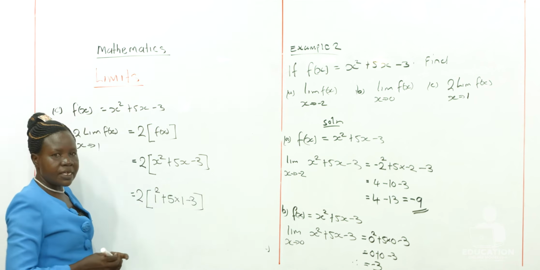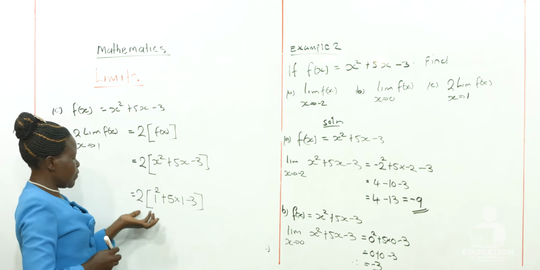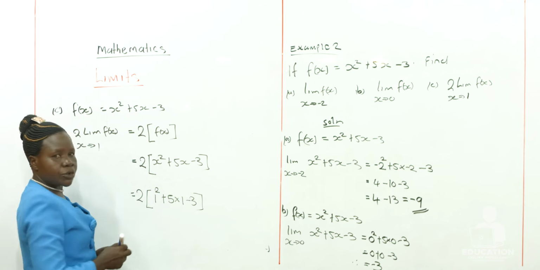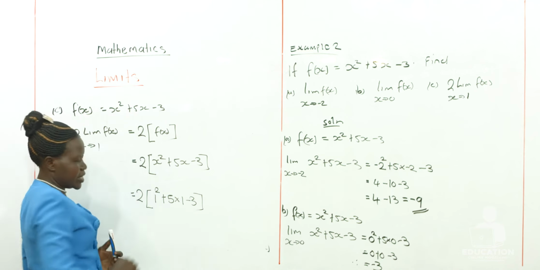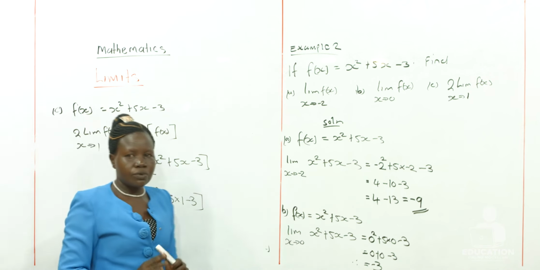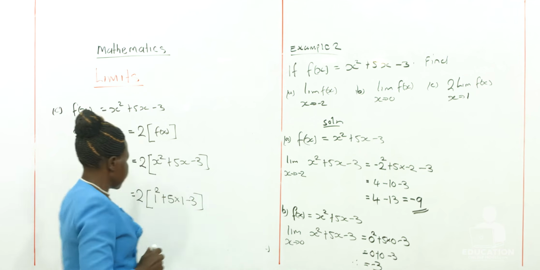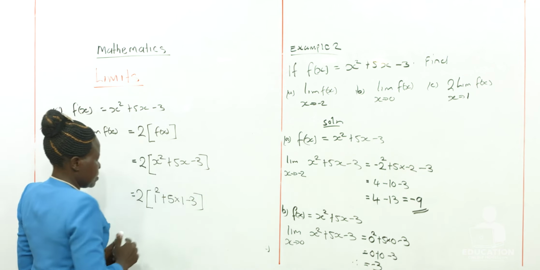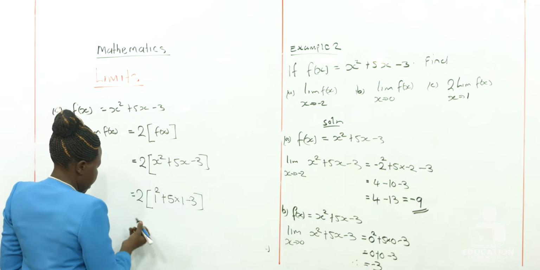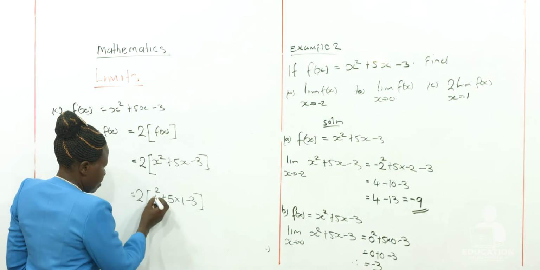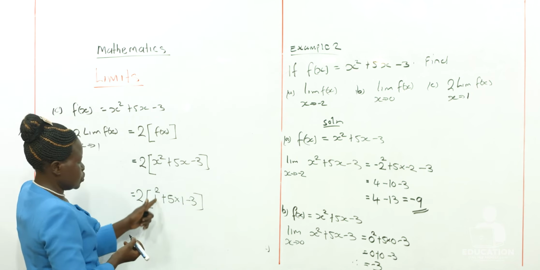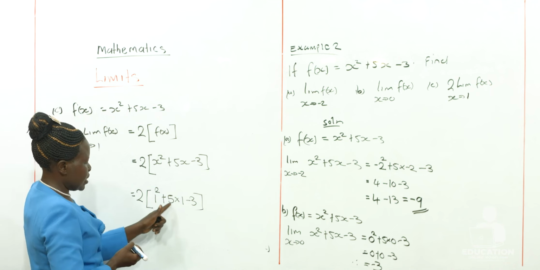So dear learners, in this case, before you open the bracket, make sure that what is inside the bracket is simplified. You have solved the problem inside before you open the bracket. So you will have 1 raised to 2 is the same as 1, and then 5 times 1 is 5.